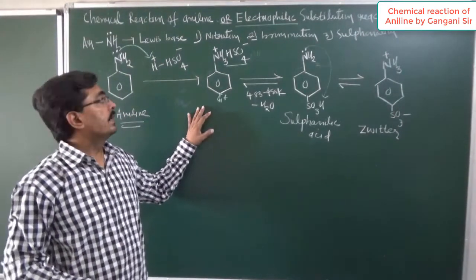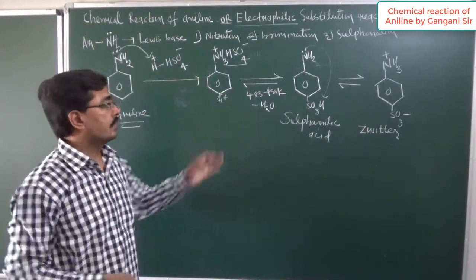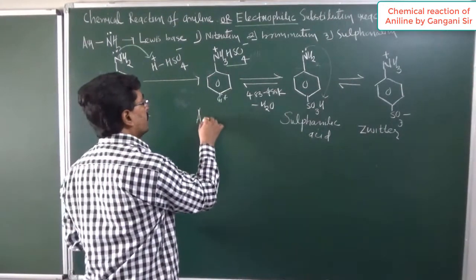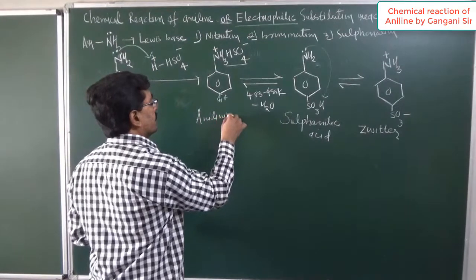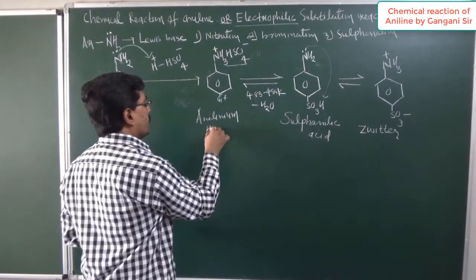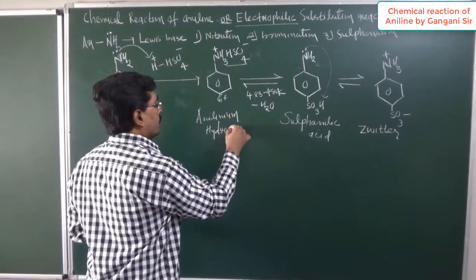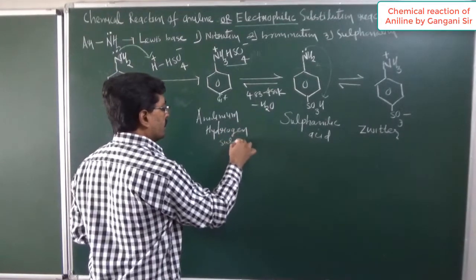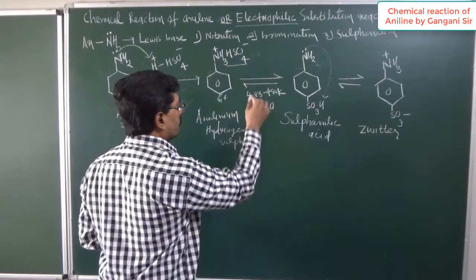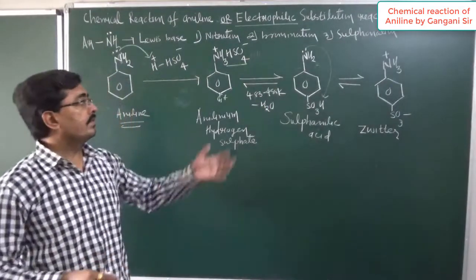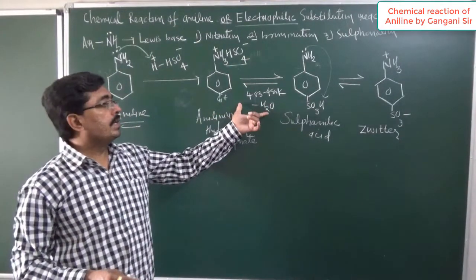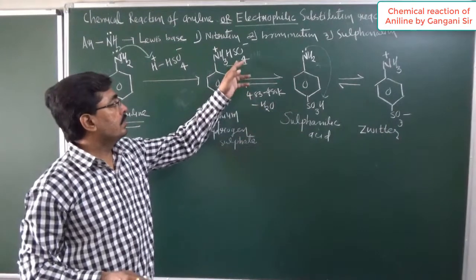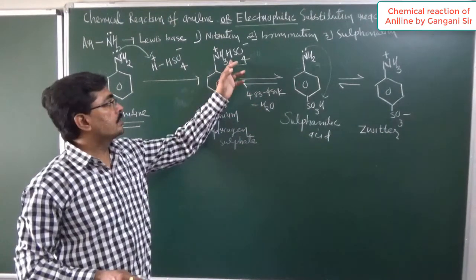So aniline, when allowed to react with sulfuric acid, gives anilinium hydrogen sulfate. This is the name of this structure. Now this anilinium hydrogen sulfate is further heated. When we heat this structure, the water molecule eliminates H from here and OH from here.